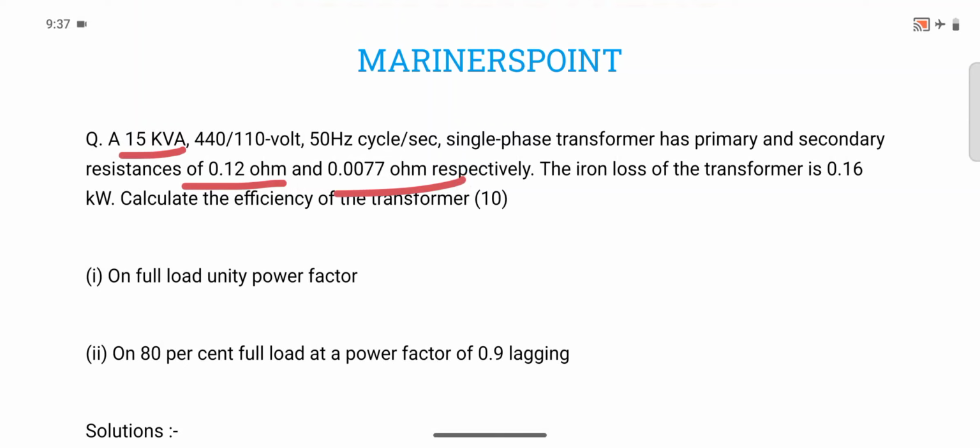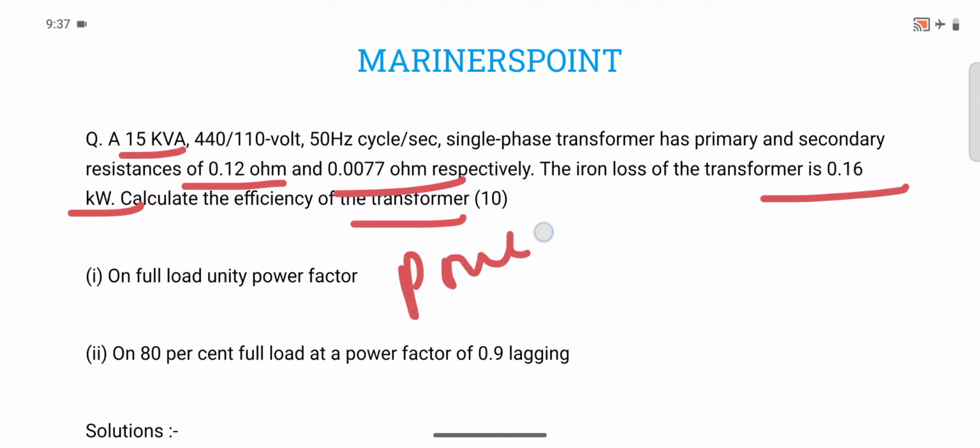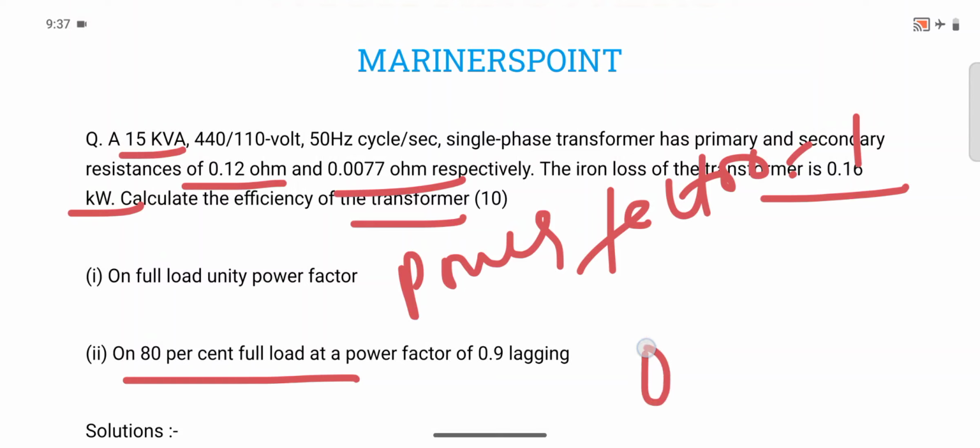The iron loss of the transformer is given, which is 0.16 kilowatt. We have to calculate the efficiency of the transformer on full load at power factor 1. In the second condition, at 80% full load at power factor 0.9 lagging.